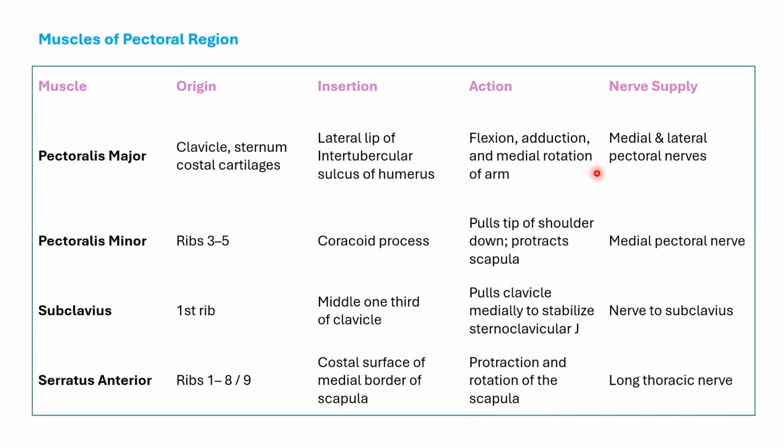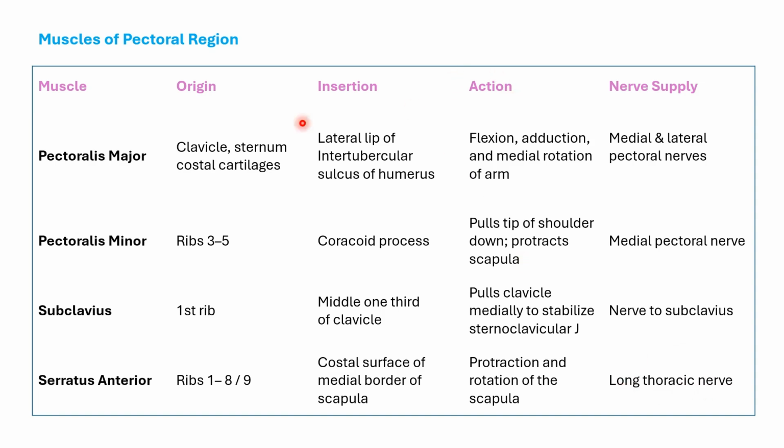Okay, now we learn about nerve supply. Pectoralis major is supplied by the medial and lateral pectoral nerves, and pectoralis minor is supplied by the medial pectoral nerve. Subclavius is supplied by the nerve to subclavius, and serratus anterior is supplied by the long thoracic nerve.